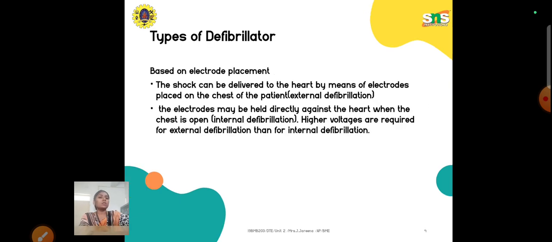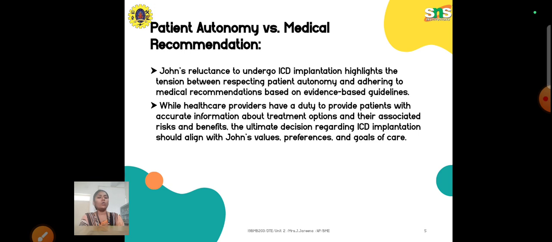Okay, so next, how are these two things balanced? One is patient autonomy, that is the patient's willingness and their rights, and the next one is the medical recommendation, and how they go in line together. Okay, let's see in detail.